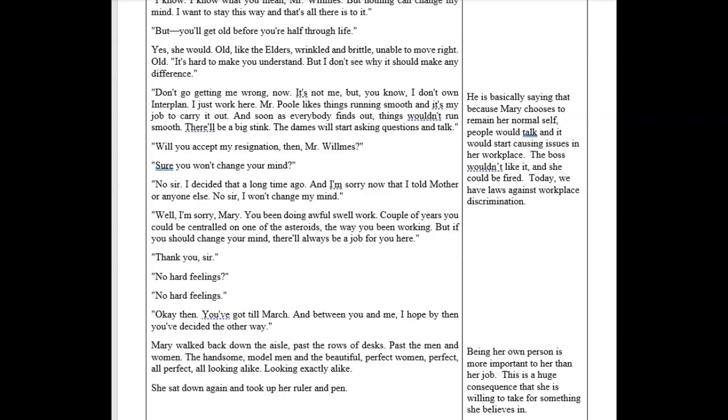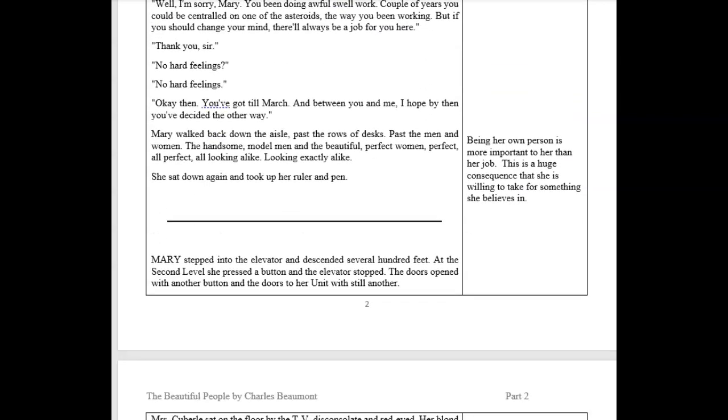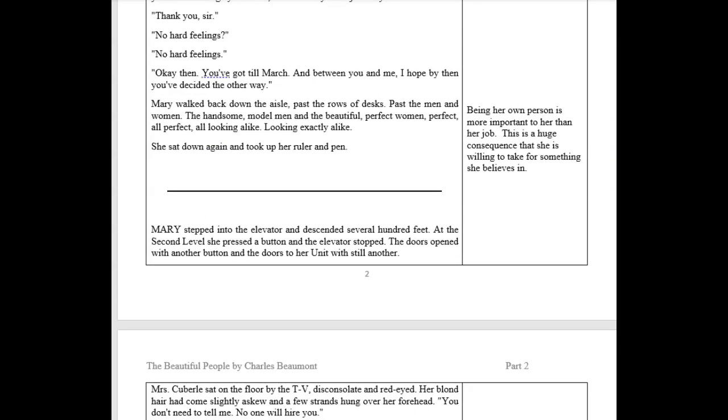Now, today, we have laws against this in the workplace, against workplace discrimination based on looks and age and gender and things like that. But, clearly in this society, they don't have anything like that. And for Mary, being her own person is more important than a job. Even though she has potential to do well in this job, she still doesn't care. It's not her idea of what's right for her. So this is a huge consequence that she's willing to take for something that she believes in.